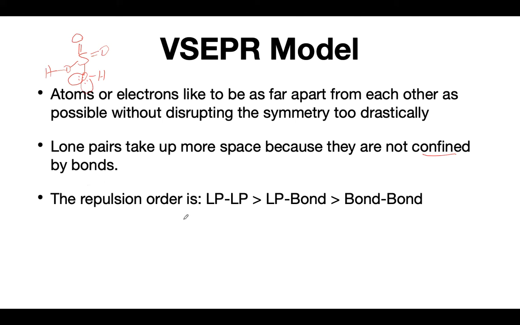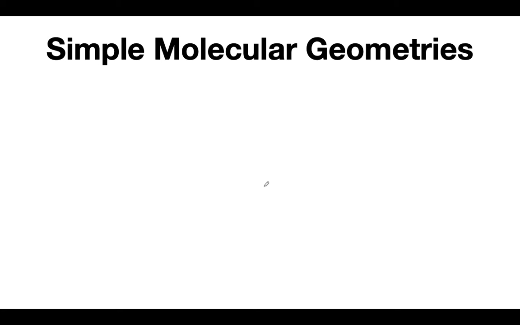Because of this rule, when you try to draw the structures and arrange all possible electron groups in three-dimensional space, you need to think about how to accommodate all of them, so you can arrange the non-bonding electrons in the positions that allow the repulsion to reach the minimal state.